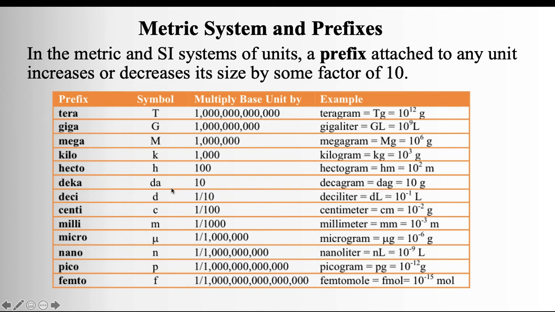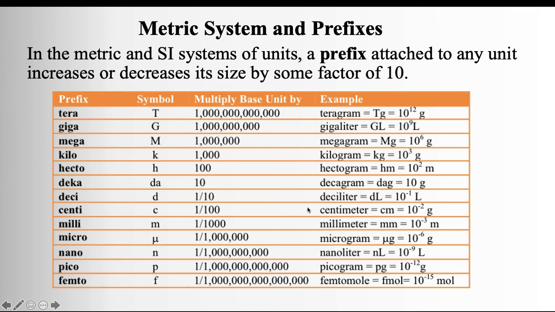We do the same thing in the English system. So if I'm going from, let's say, feet to inches, feet is a larger unit than inches. So if I'm going from feet to inches, I multiply by 12.